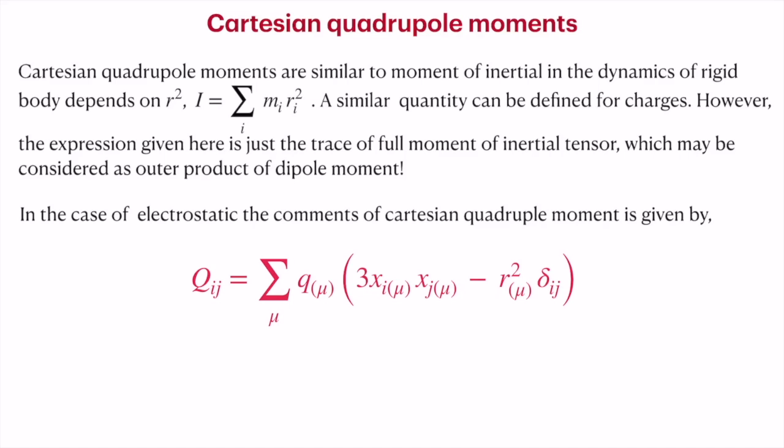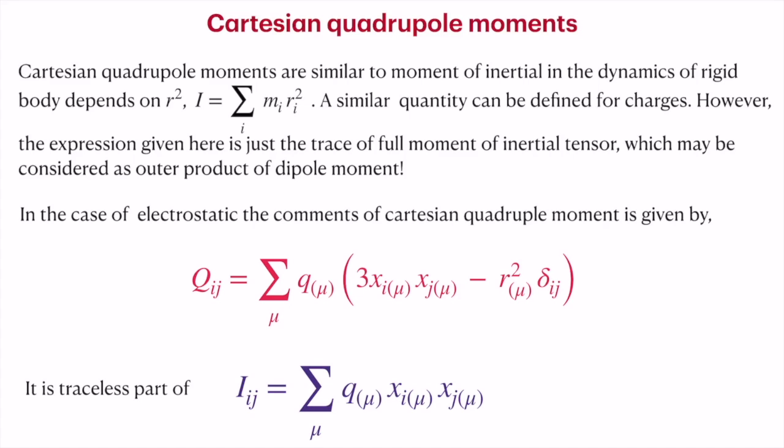So Q is essentially a superposition of the multipole moments of the different charges, and Qij is essentially the traceless part of the moment of inertia. In this case also we can extend it to many particles, which we have already done. We could also extend it to a continuous system by replacing summation with integration over the volume.